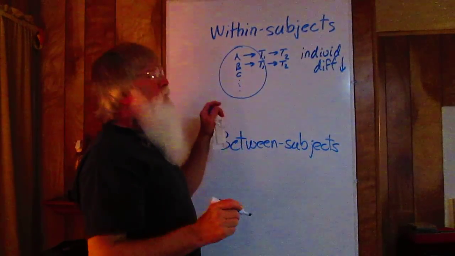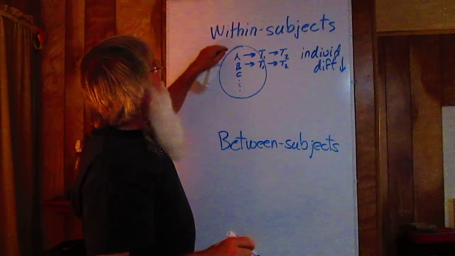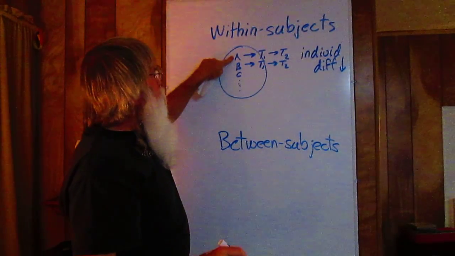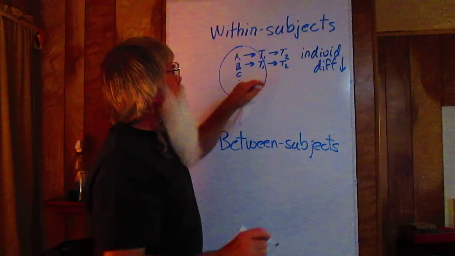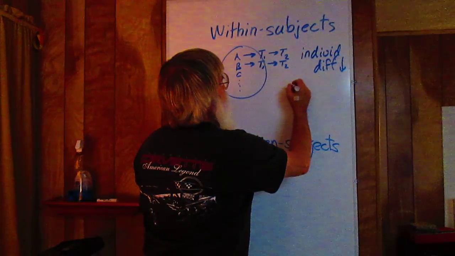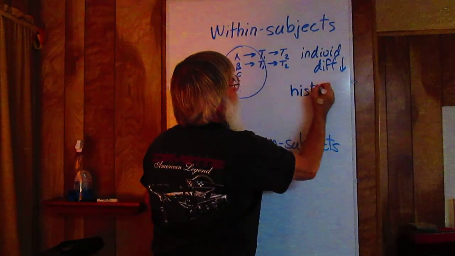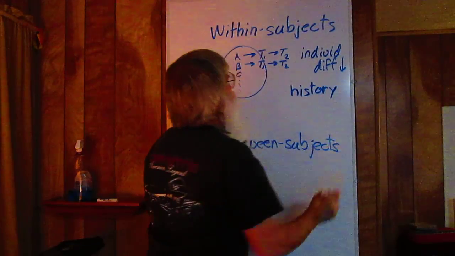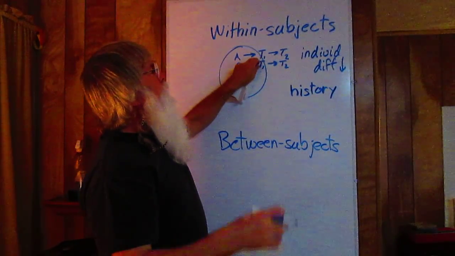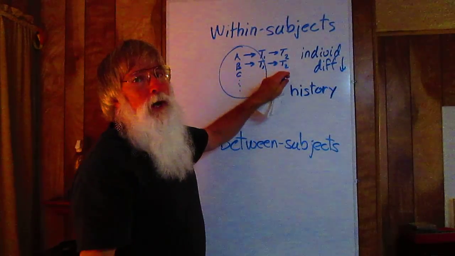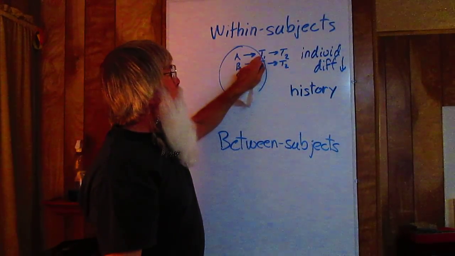However, there is the possibility that something happens to this individual between treatment 1 and treatment 2, and that's what's known as history. Sometimes also order effects, because if you give treatment 1 and then give treatment 2, the results might not be the same as if you give treatment 2 first.